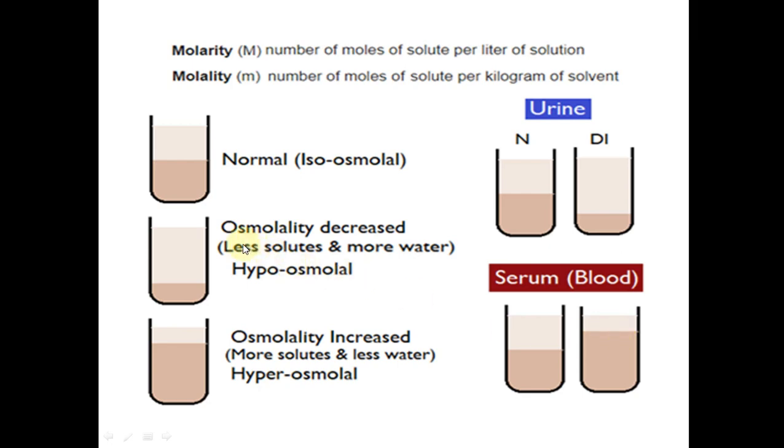In this picture we can see that in hypoosmolar solution the solutes are less and the water content is more. And in this picture, the solution is hyperosmolar. The solute concentration is more as compared to the content of water.